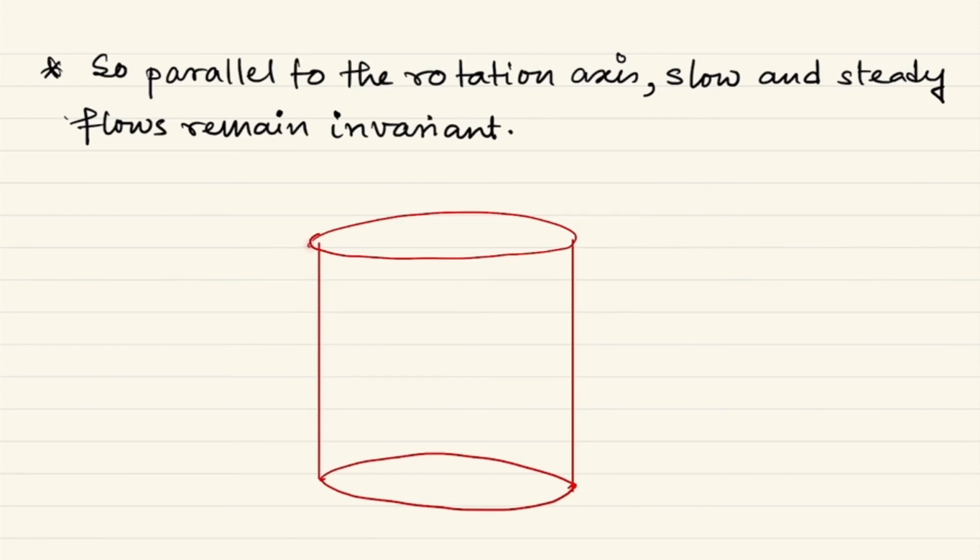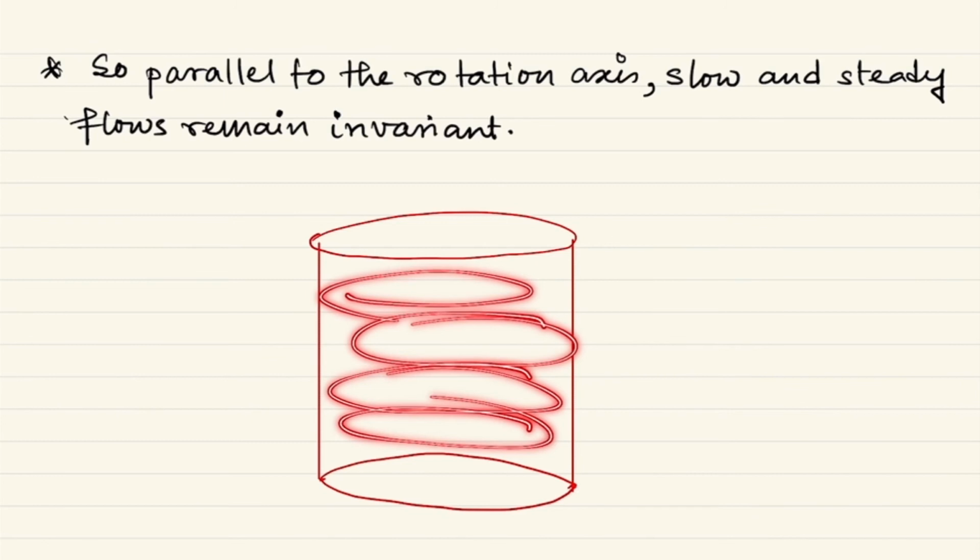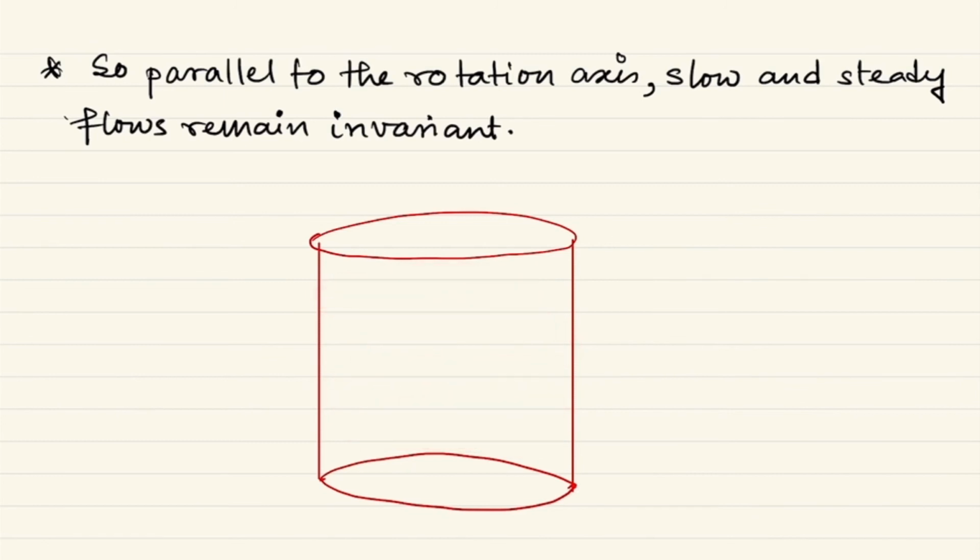So let's say you have a vessel and some fluid is moving. Let's say you have a small cylindrical capsule type of thing which is fixed over here.